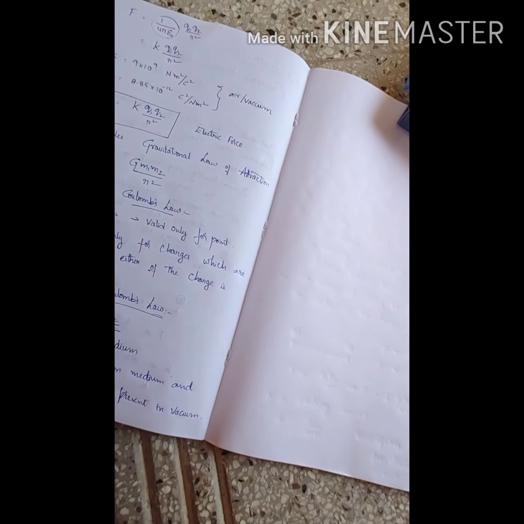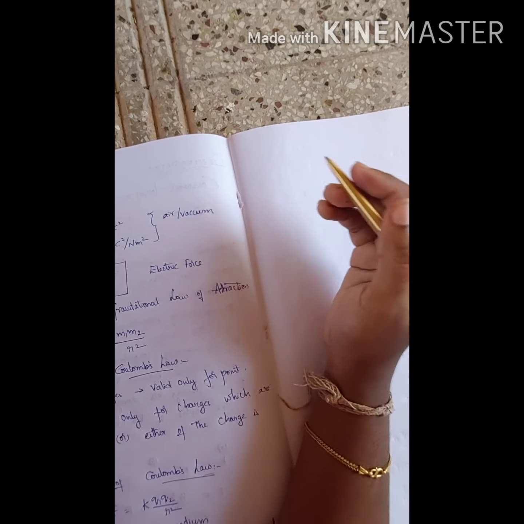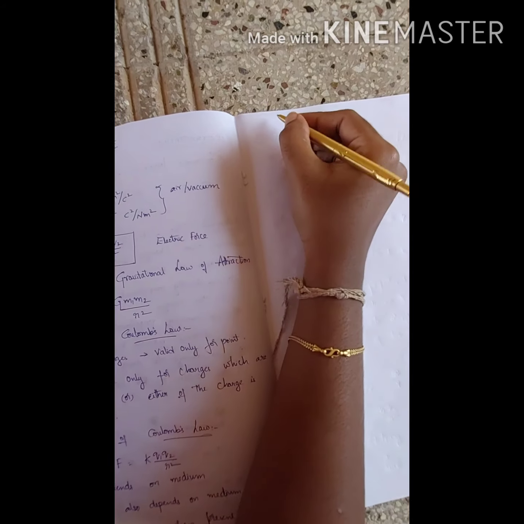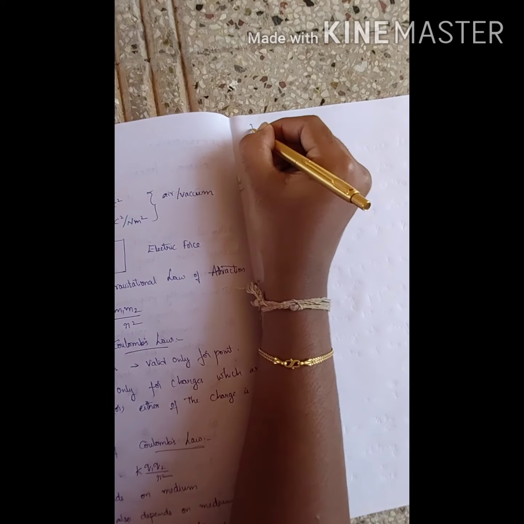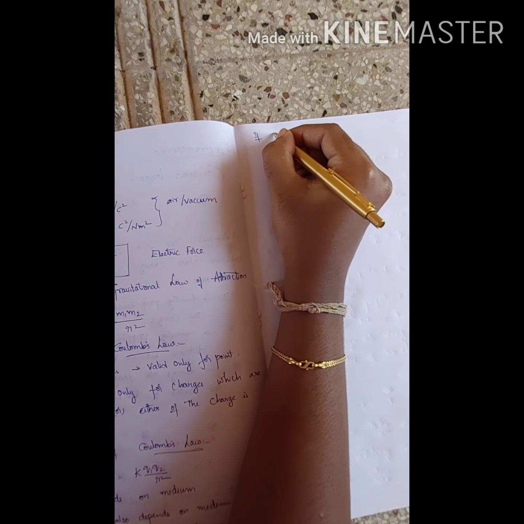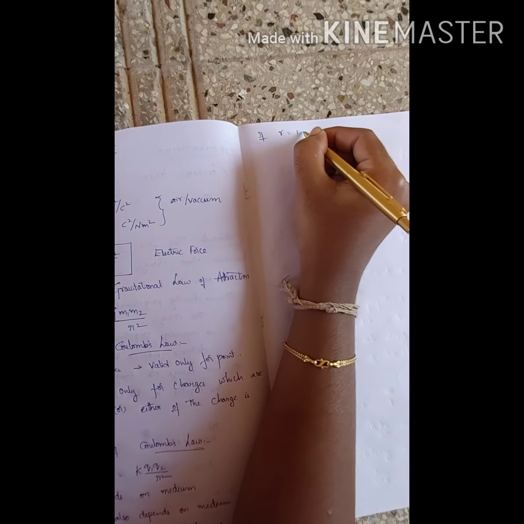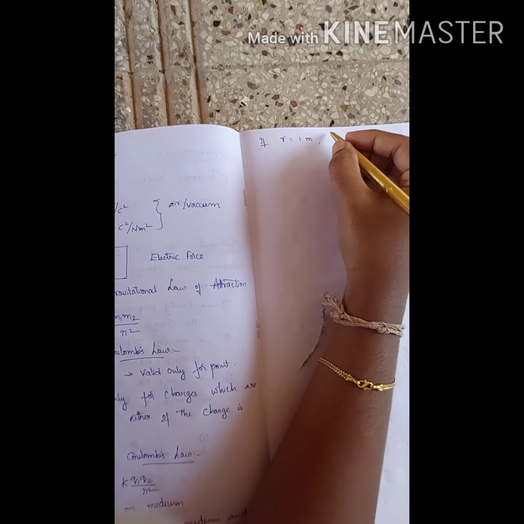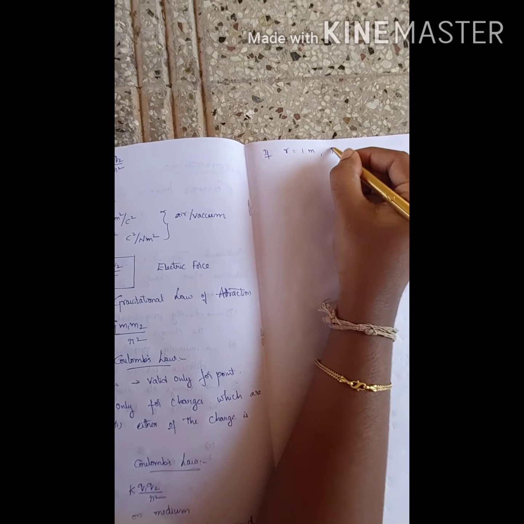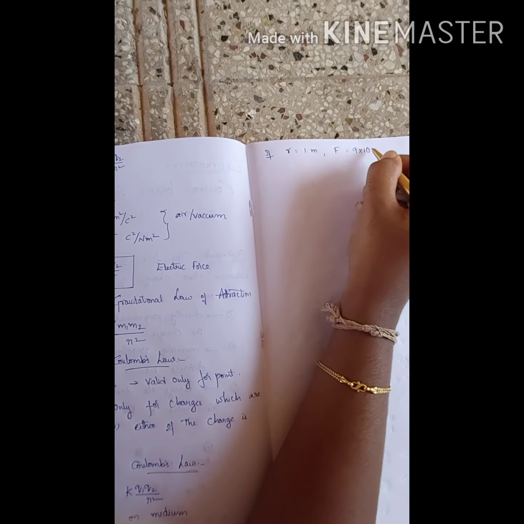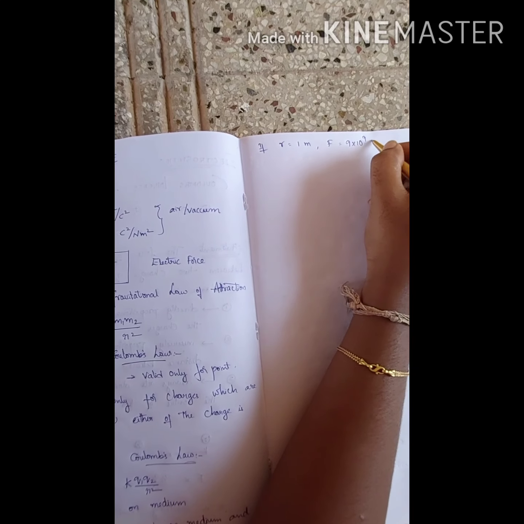Now we'll see the definition of unit of charge from Coulomb's law. So what have we written? If I am taking the distance between the two as 1 meter and the force of attraction or repulsion I am taking F is equals to 9 into 10 power 9 Newton.